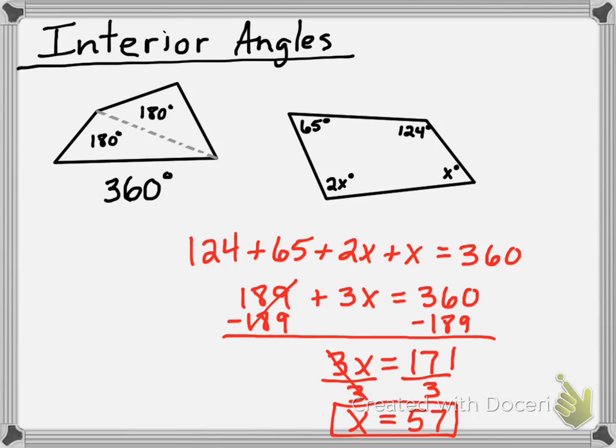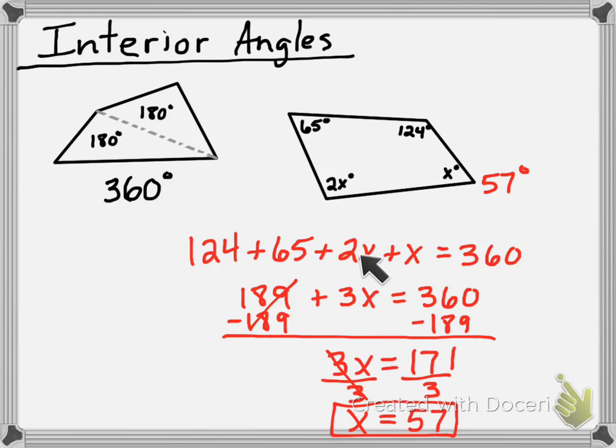Okay, but I'm not quite done, because all I did was find x. Well, up here I was missing two angles. Well, this angle is just x, so I found that one. That one's just 57 degrees, right? Because it was x degrees, so 57 degrees. But over here, this one wasn't 57, was it? No, it was 2x.